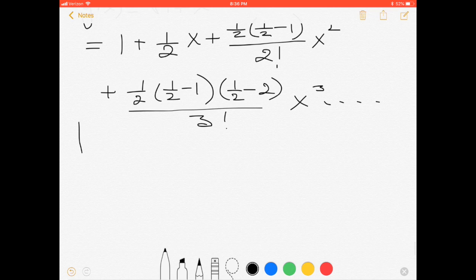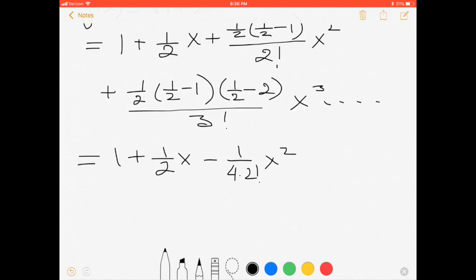This means we have 1 plus half of x minus 1/4 times 2 factorial x squared. Here it will be for negative 3/2, and it will be positive 3/8.